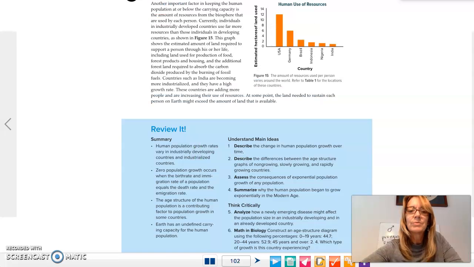Go over to page 102 and they're showing these countries up at the graph, estimated hectares of land in use. So this is how much land we need for an individual to survive, right? Look at the United States.